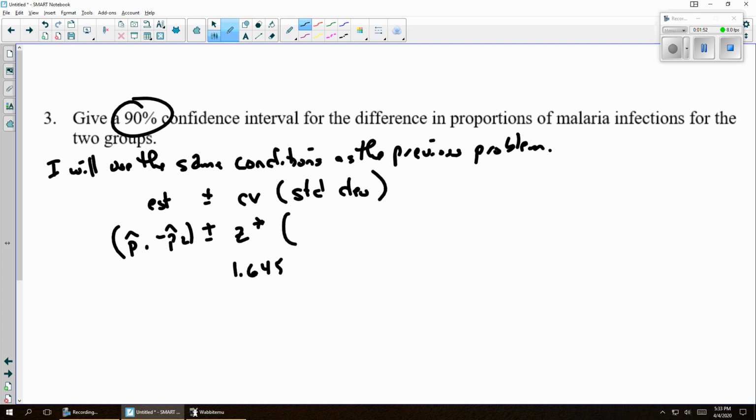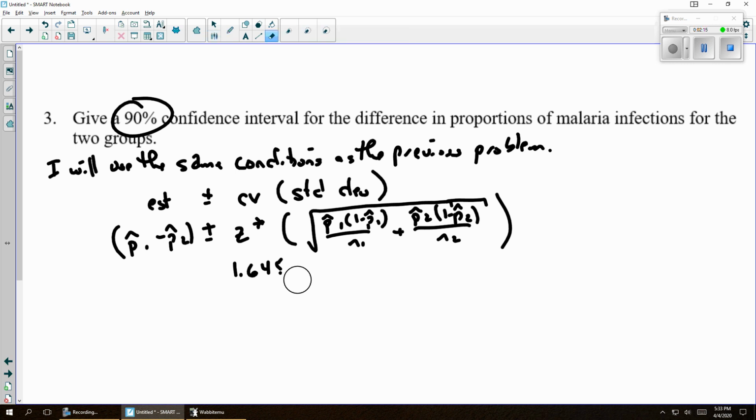And then the standard deviation is the square root of p hat 1, 1 minus p hat 1 over n1 plus p hat 2, 1 minus p hat 2 over n2. Now I don't have to fool here because I haven't done a hypothesis test for this kind of problem, so I'm not considering p1 and p2 to be equal to each other.